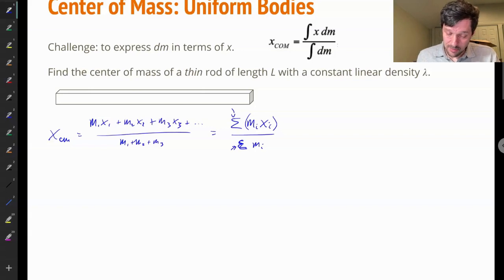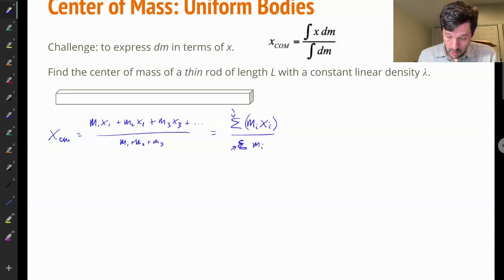That essentially means that conceptually we want to add up the location of the center of mass of each of these little itty bitty tiny pieces, divided by the sum of each of the little tiny itty bitty masses, and that should give us our center of mass.